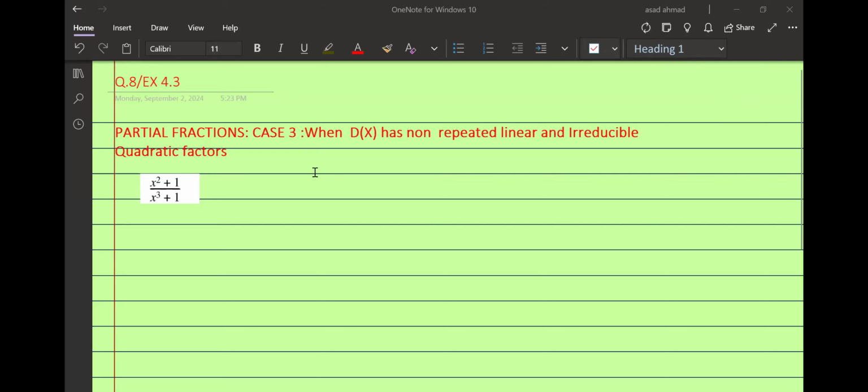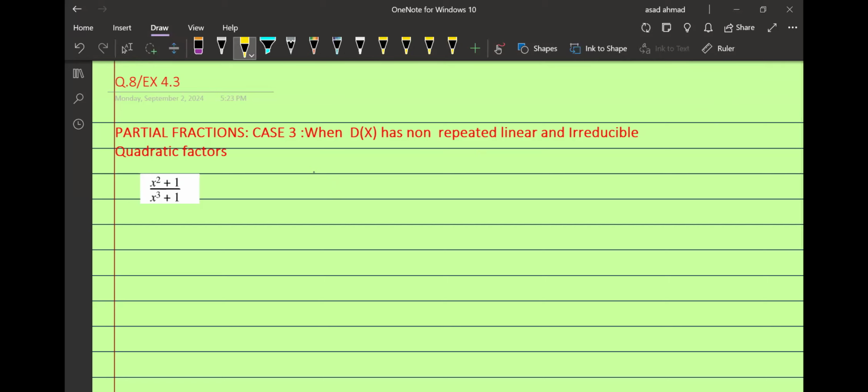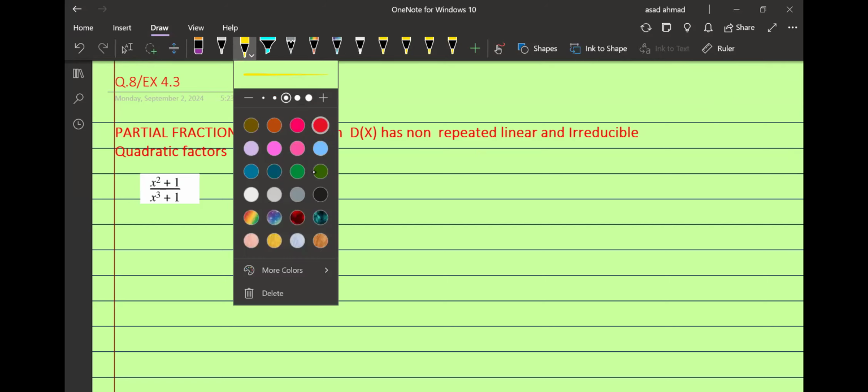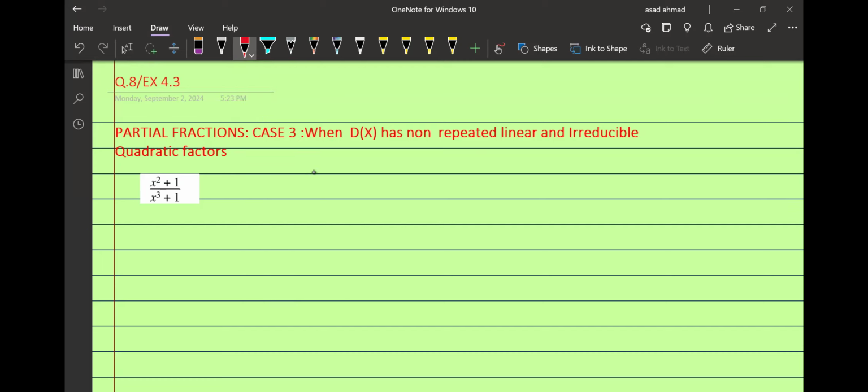For question number 8, we will have to factorize the term first, and that is the denominator. We will first write the term which is in the denominator, that is x cubed plus 1.